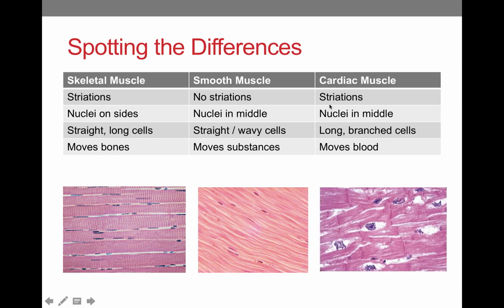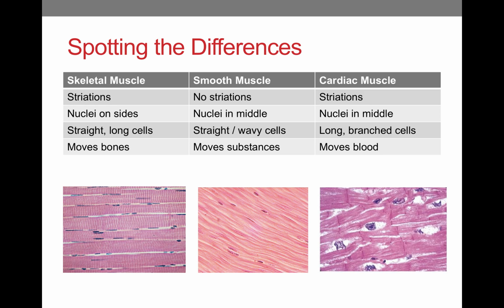So if I were to give you three slides of muscle tissue, you would be able to look at each one and determine what type of muscle tissue it is. So you can see that skeletal and cardiac muscle both have striations.